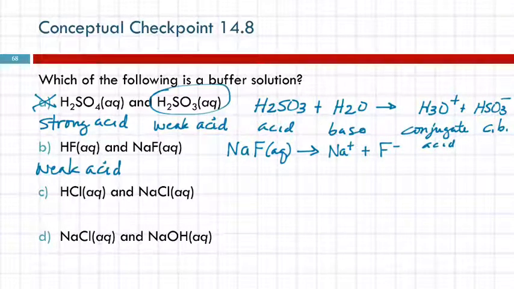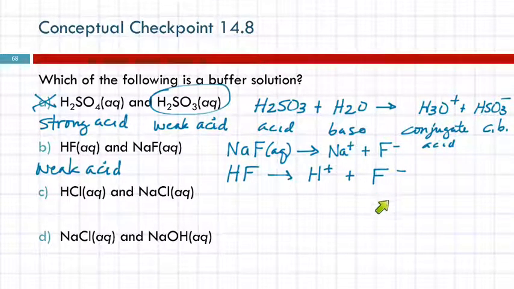Okay? When this weak acid loses a proton, when it ionizes, it's H plus, and this is the conjugate base. So the conjugate base is the acid after you take a hydrogen ion off.